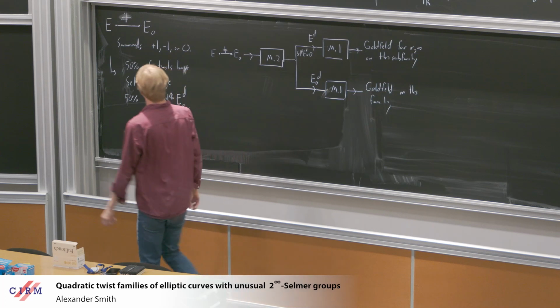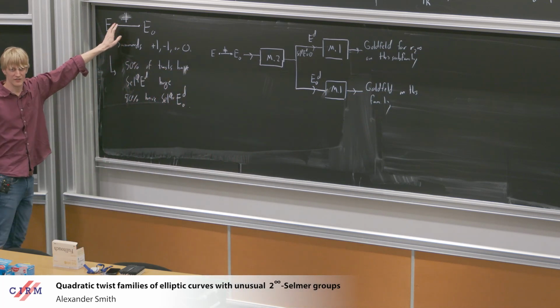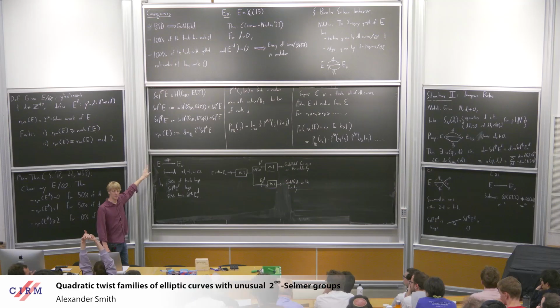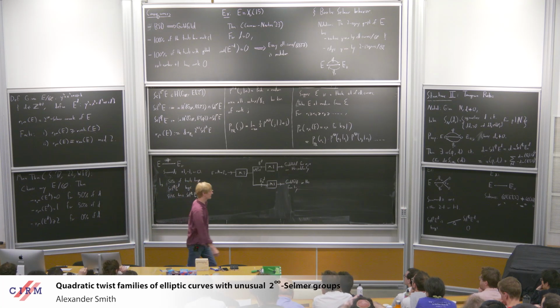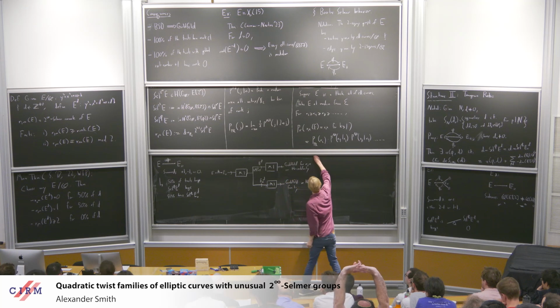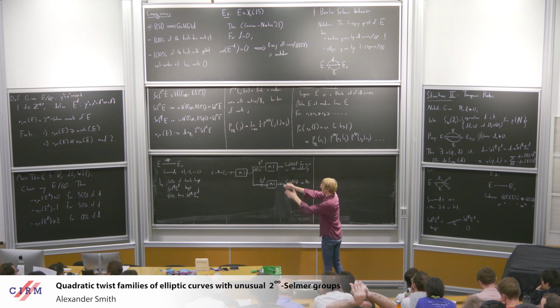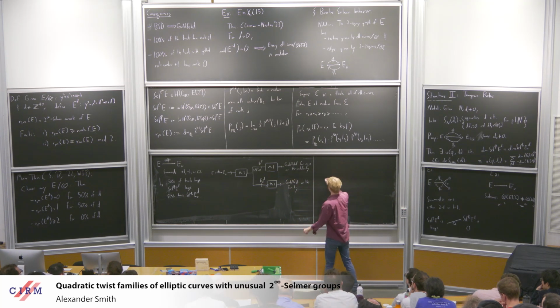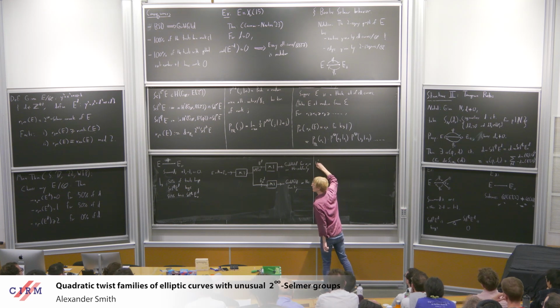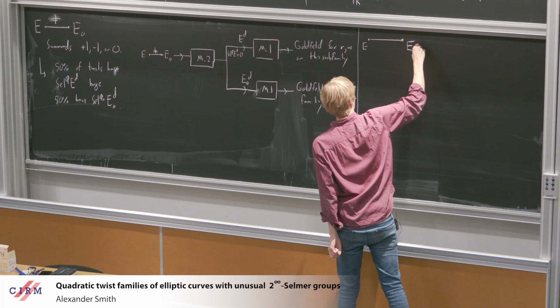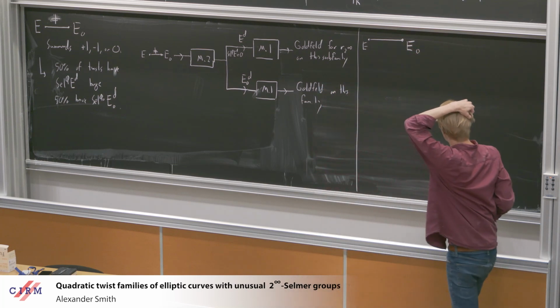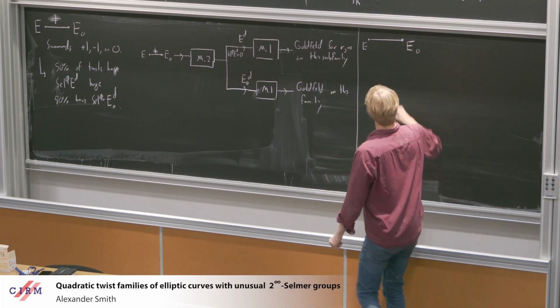So that's how I handled this, and this was the last curve I handled back in 2022. Everything else I'm going to talk about is going to be work in progress, starting with the contrasting curve in this case, where we have E and E'.